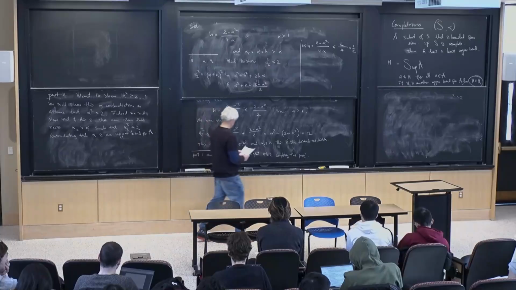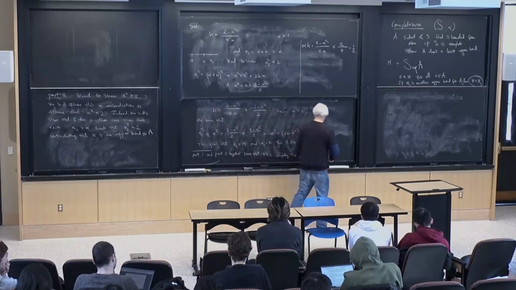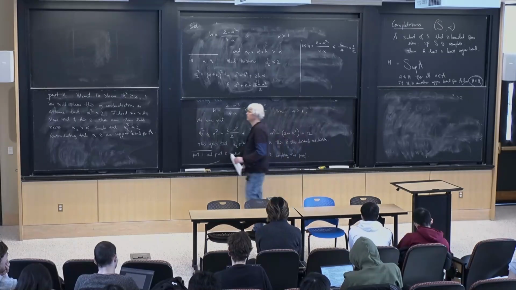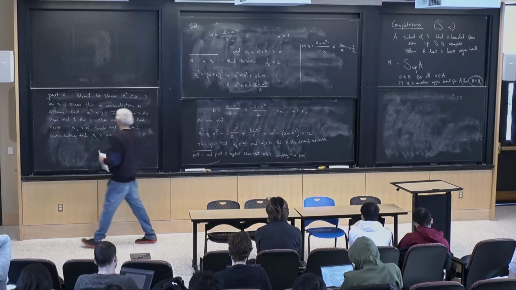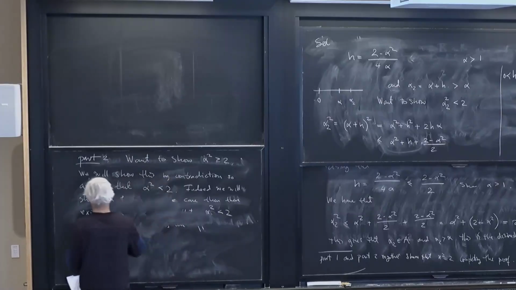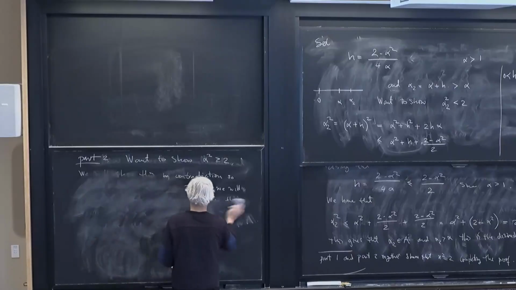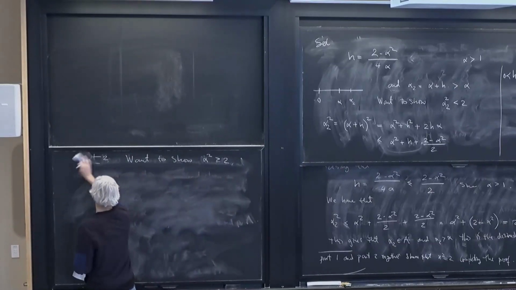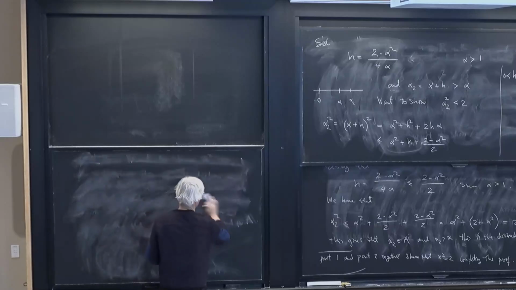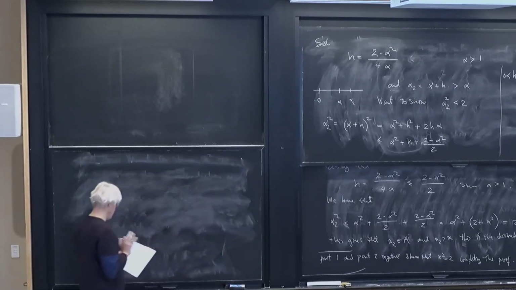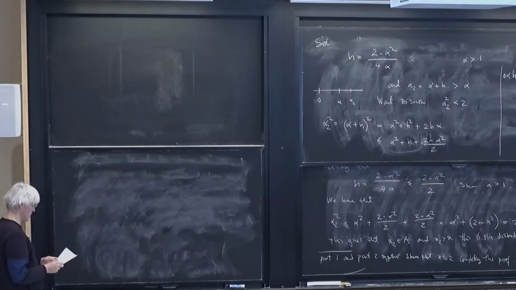So there's a few more things I was hoping to do. I also wanted to talk about the Archimedean property again, and just outline how to write a formal proof. The reason why I'm illustrating how to write a formal proof is that it's an important part of this class.